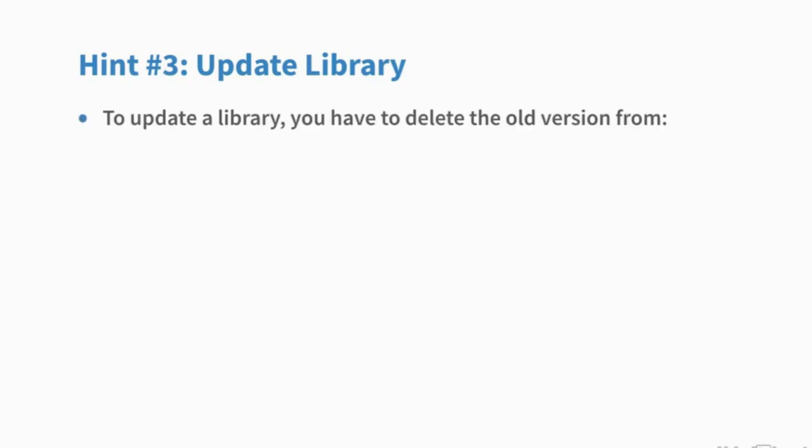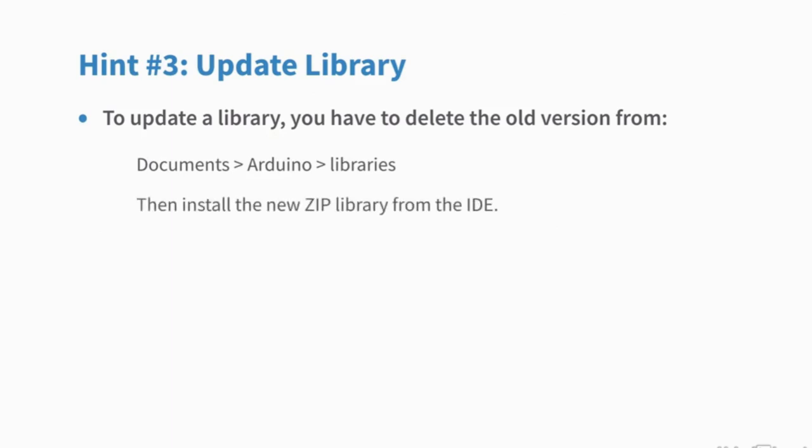The third and final hint, we haven't talked about this, but to update a zip library with Arduino, you must first delete the old library from the Documents folder, Documents, Arduino, Libraries, and then install the new zip library from the IDE. So that's the challenge. The next video will show you the solution I came up with. Good luck!